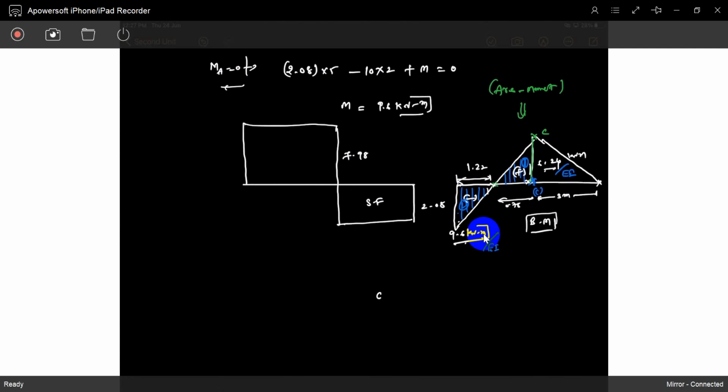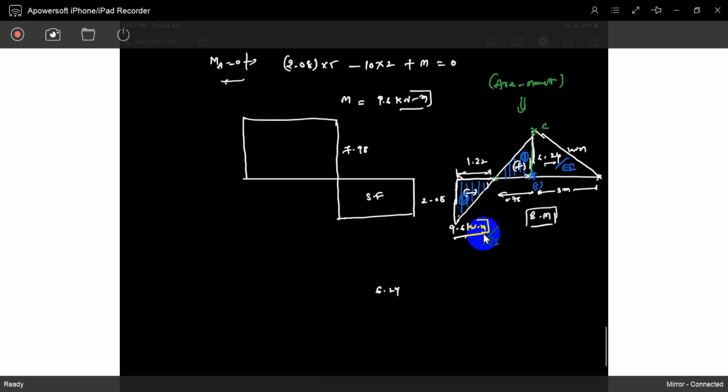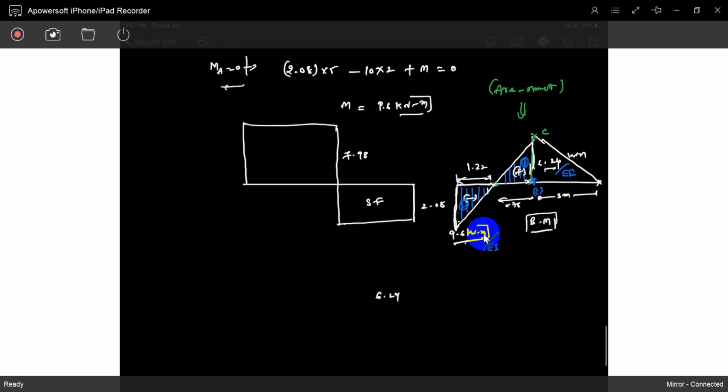See, it is 6.24 in this section, and this is 9.6. Similar triangles. This location divided by this location, and this distance divided by this distance. Total is 2, you already know. I call this x, so the remaining portion is 2 minus x.